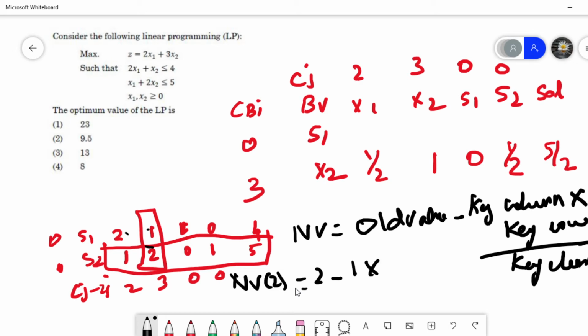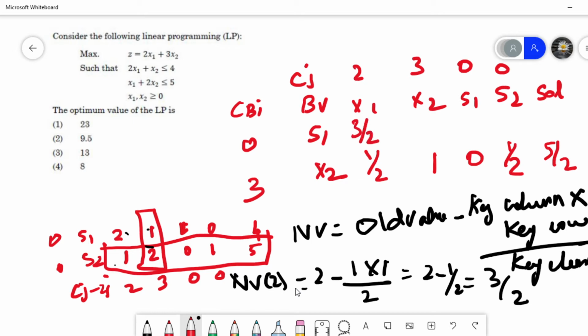So 1 into, then the corresponding key row value is 1. Which one is the key element here? Key element is 2. So 2 minus 1 by 2. What is the value? That is 3 by 2. So here the value is 3 by 2.